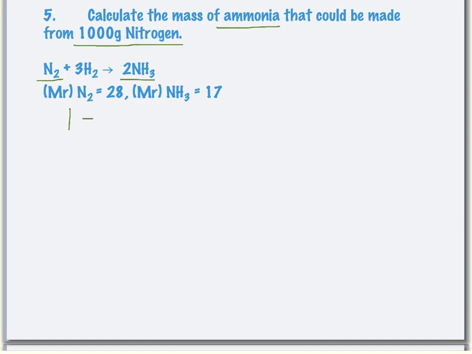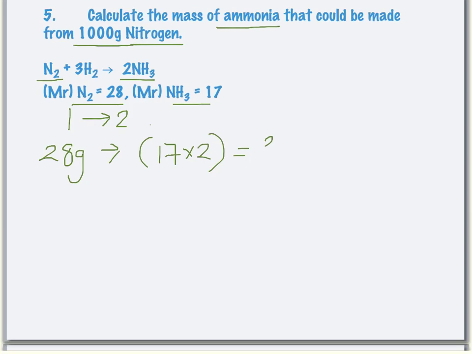So 1 mole makes 2 moles. 1 mole of nitrogen is 28 grams, and that is going to make 17 times 2 moles of ammonia, which will be 34 grams. So 28 will make 34.